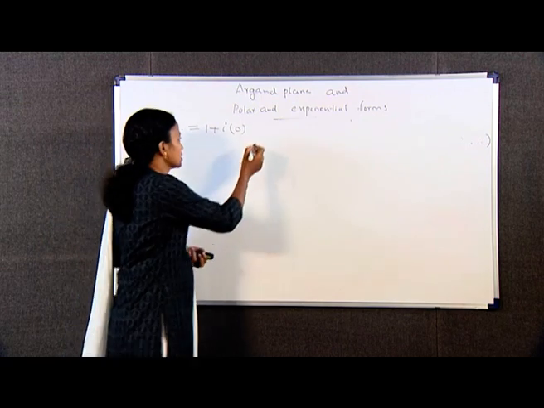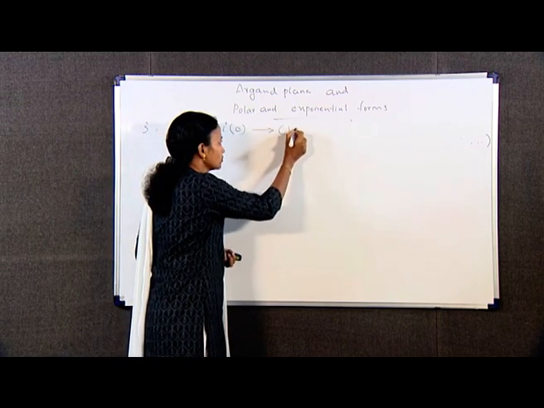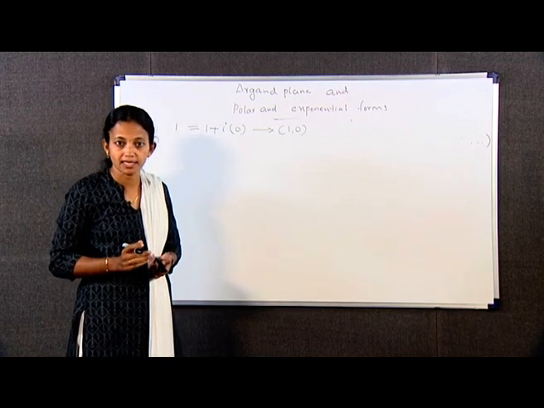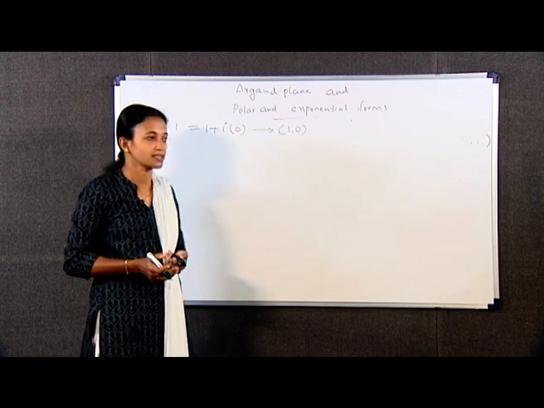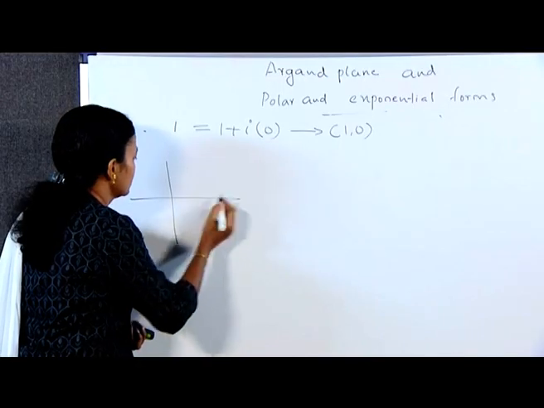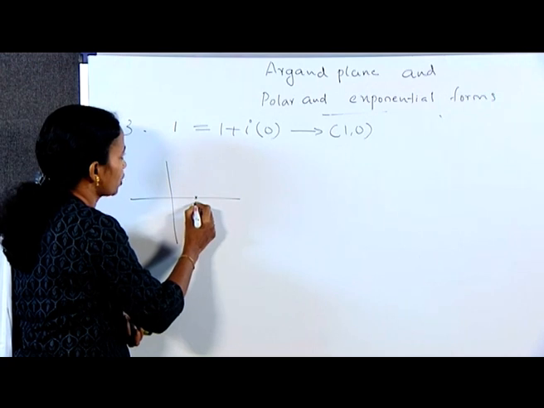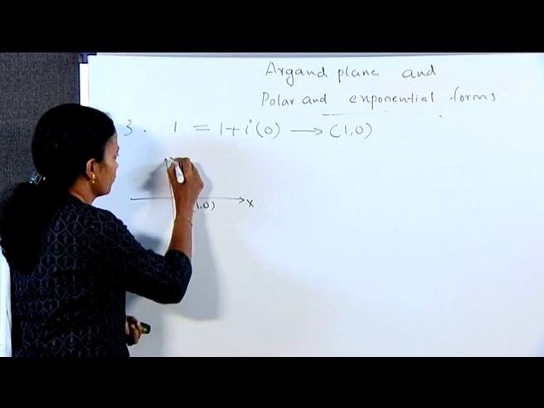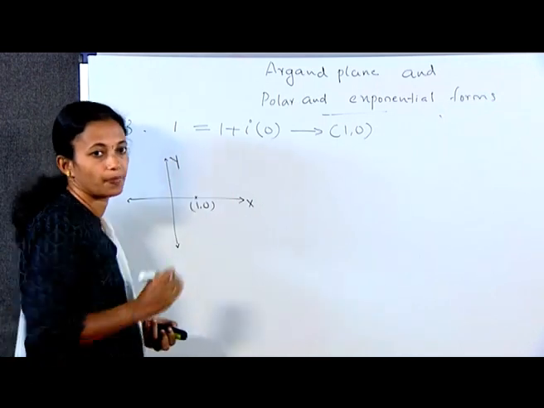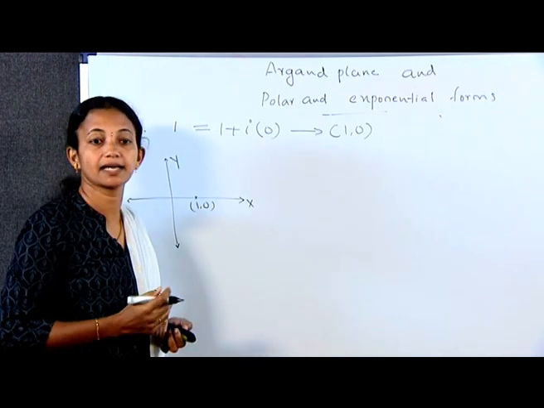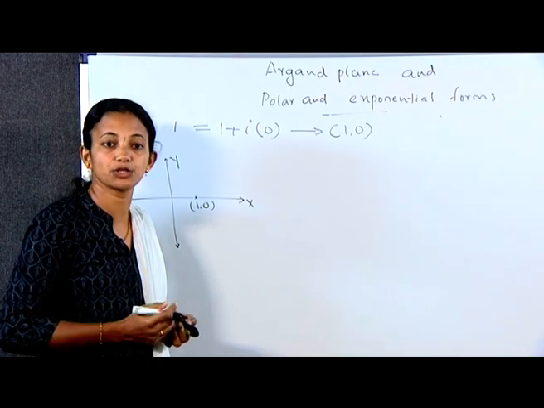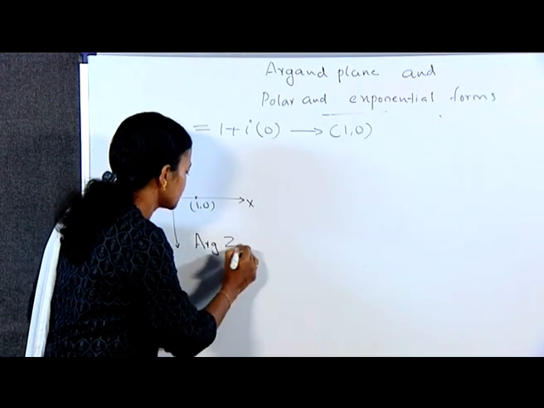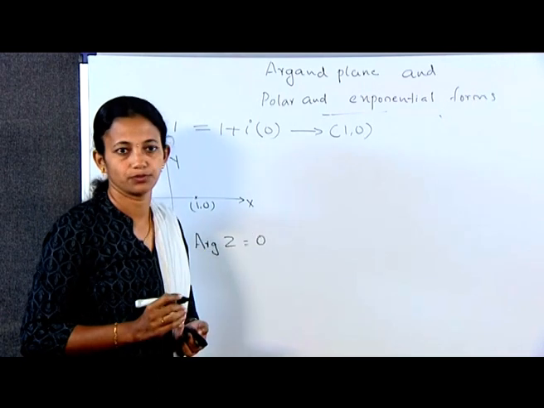This corresponds to the point (1, 0), which is a point that lies on the polar axis. Hence, from the figure it can be seen that the principal amplitude of 1 is argument of z is equal to 0.